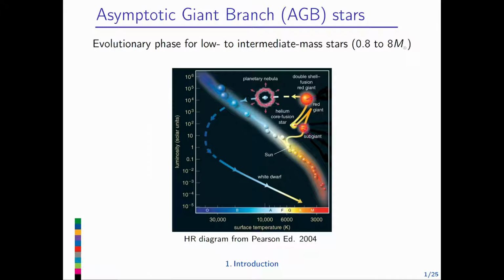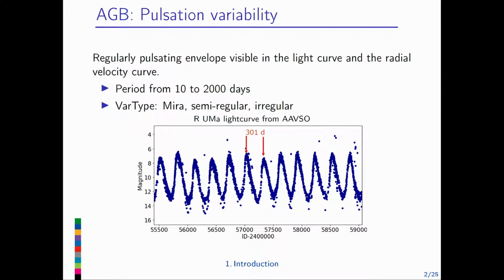At this stage, the star is made of a core of carbon and oxygen and has two burning layers, one of hydrogen and one of helium. But the most important observational characteristic of the star is its pulsation. In the light curve and in the radial velocity curve of the star, we can see a variability which is due to the pulsation of the envelope.